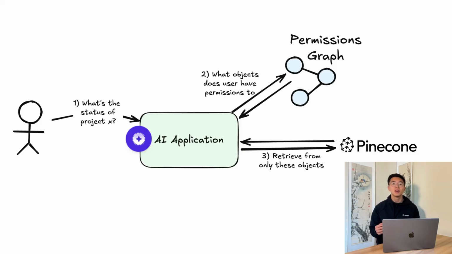Pre-retrieval is essentially using the database to filter out all the objects that a user has permissions to. An example you might be familiar with is a SQL database where you have a where clause. When a user authenticates and asks a question, say about sales data, based off the user, say a user named Jack, we go to our permissions graph and find all the data objects that Jack has permissions to.